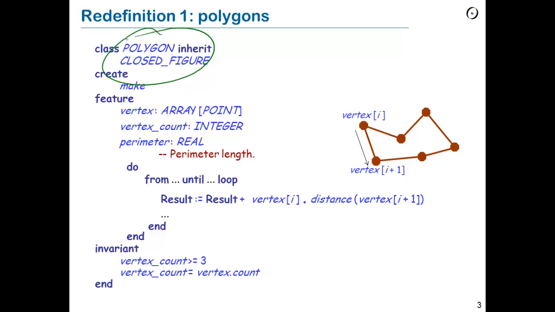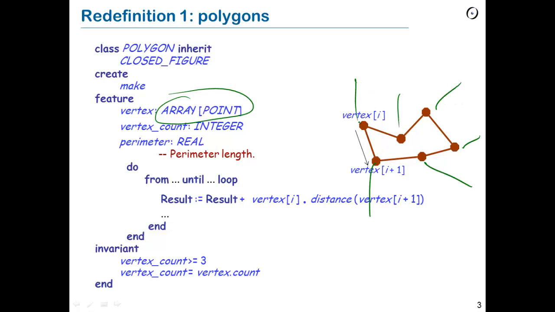So this notation here, we haven't seen it yet, array of points. Bear with me, we are going to see it formally in a few lectures, but you should understand what it means. It means that the data structure vertex, which represent the set of vertices of a polygon as pictured on the right, is an array, meaning a collection of points identified each by an integer, 1, 2, 3, and so on. So that's what array of points means.